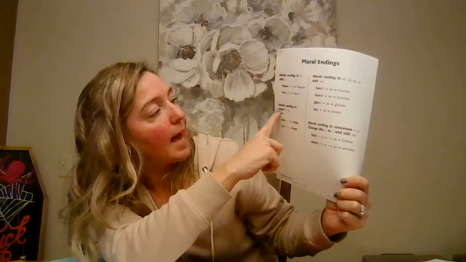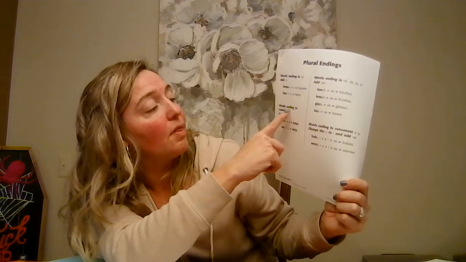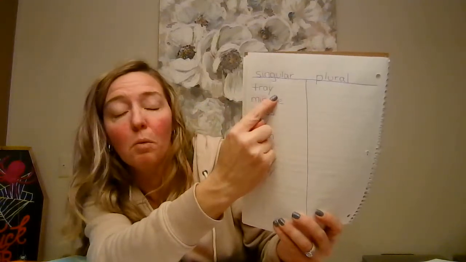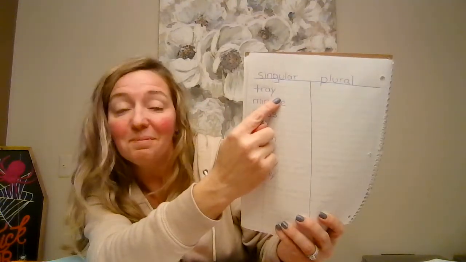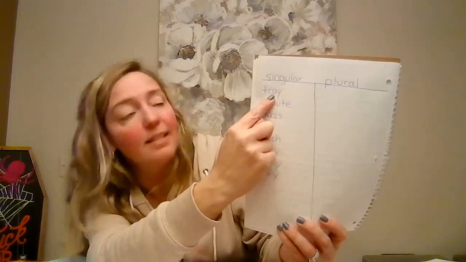The first rule says words ending in a vowel, then the Y, we add the S. So let's look at the word tray. Do we have a vowel in front of the Y? We do, because we have the letter A, and A is the vowel.